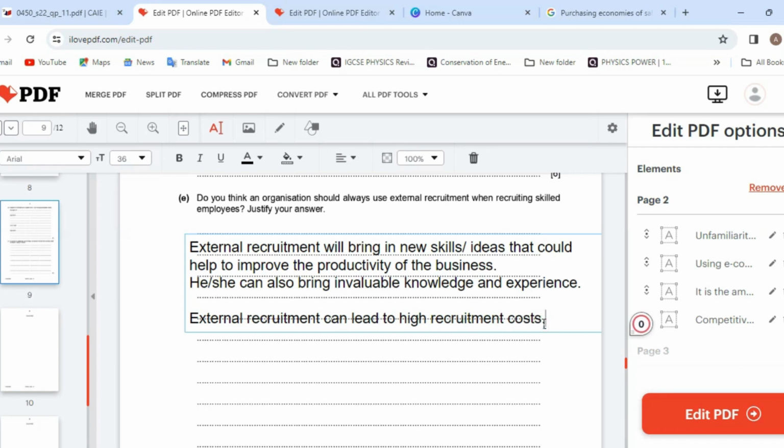There's also one disadvantage that I would like to add to this. External workers will take longer to fill the vacancy, so more time will be spent.